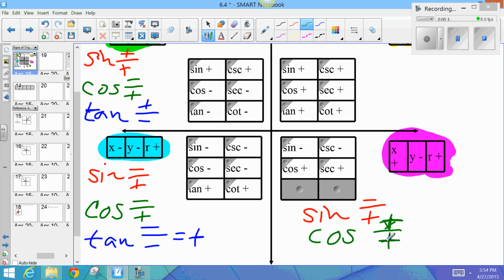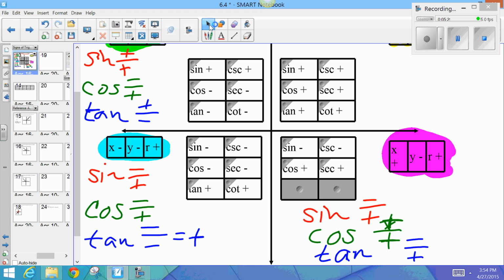Cosine is positive in quadrant 4. Just testing to see if you're paying attention. And then finally, tangent. Tangent is y over x, so that's negative divided by positive, which is negative. Tangent is negative in quadrant 4, and so is its reciprocal.